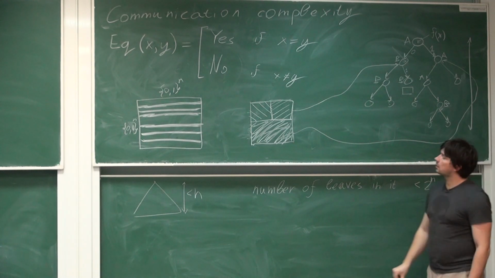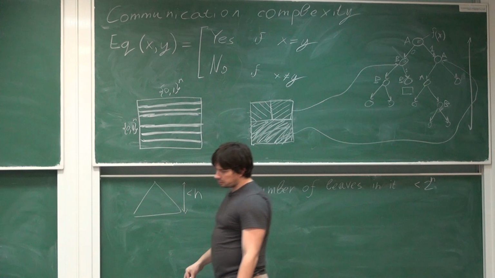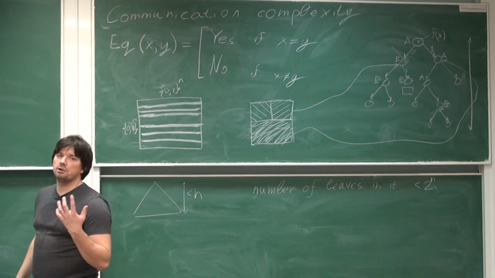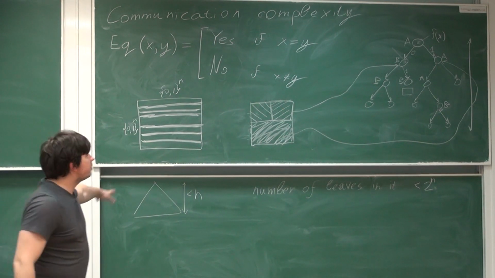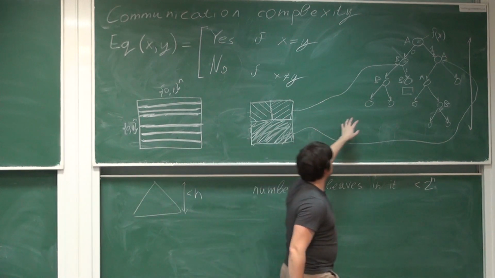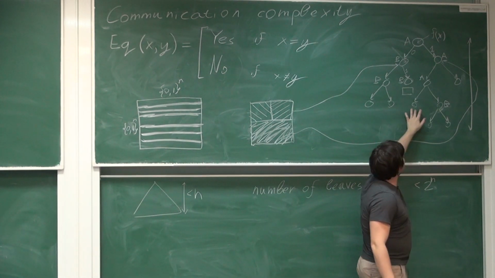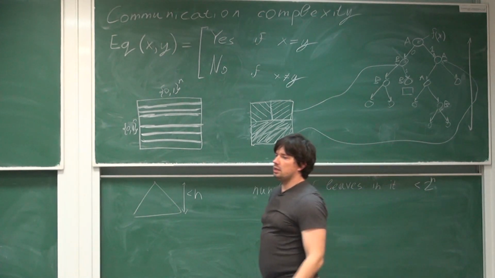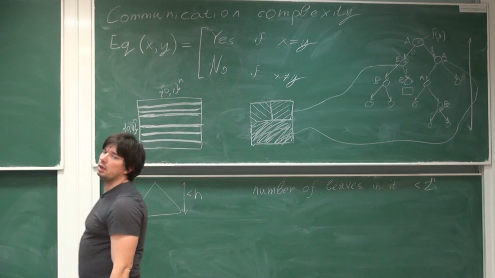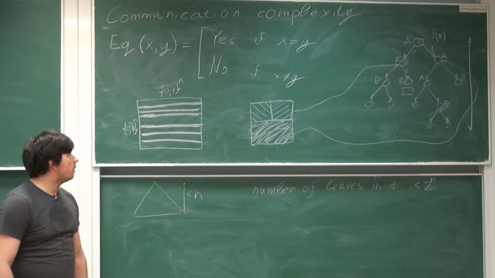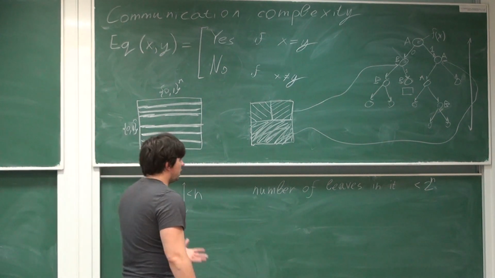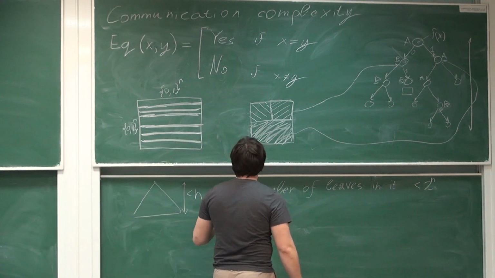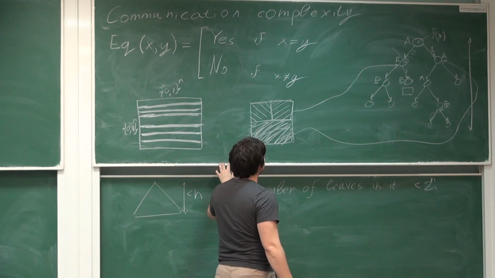All right. So now let us consider, at every leaf here, they're supposed to know the answer. So either they know the answer yes, our inputs are equal, or they know the answer no, our inputs are not equal. So how can we use that?